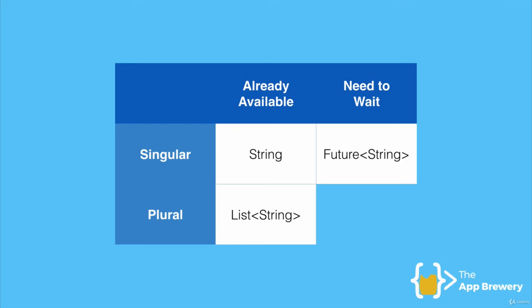But what if we had to wait for this list of strings to come through? What is the plural version of a future string? Well, that's a stream of strings. Just like sushi that's being added to the conveyor belt, they could be added to the stream at any time. And as long as we are subscribed to that stream, we'll get notified every time there's a new piece of data that's been added to the pipeline or the stream.